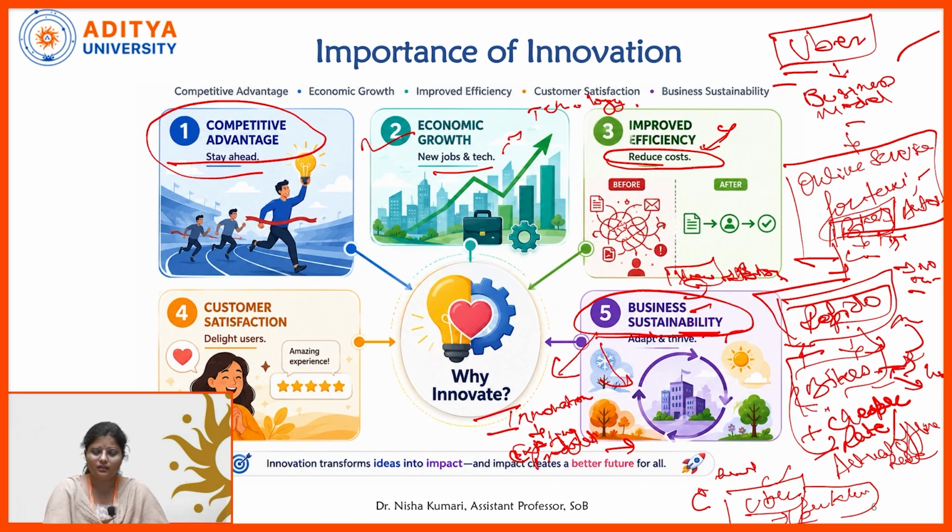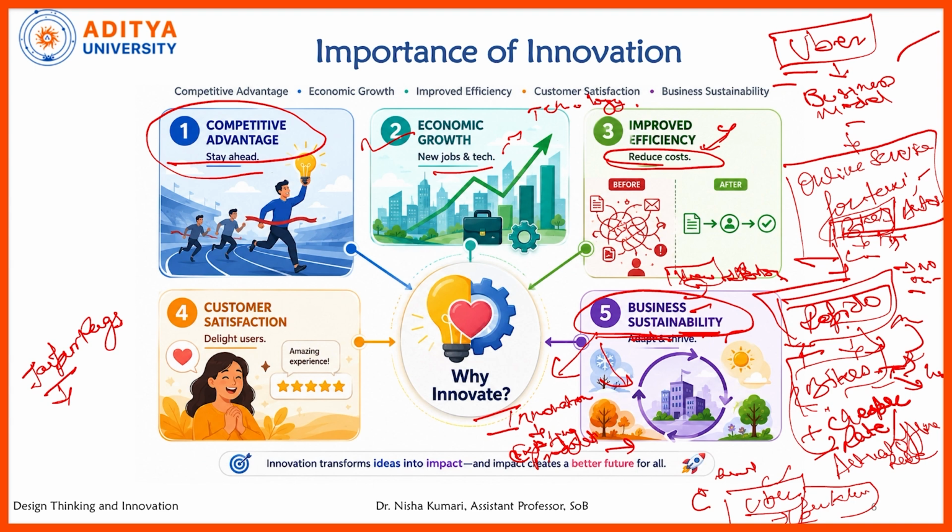If we talk about business sustainability, there is a company, Jaipur Rugs. They are creating carpets. In that carpet business, they have both machine made and handmade, but the majority is handmade.